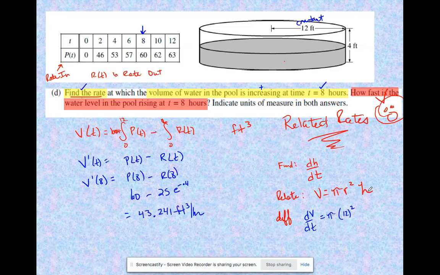Take the derivative of h with respect to t: bring down the 1, copy over the h, subtract 1 from the exponent, spit out the derivative. So dV/dt is equal to 144 pi dh/dt.